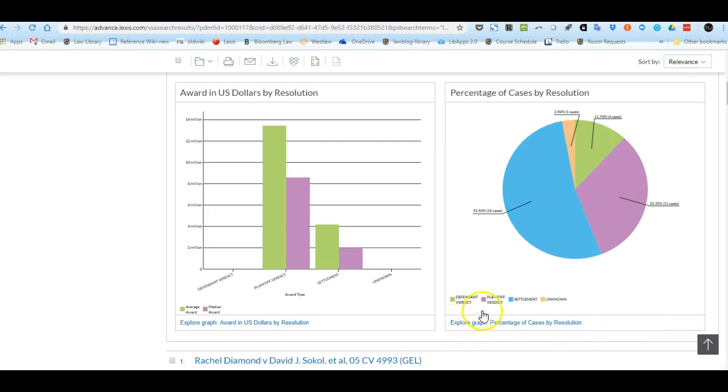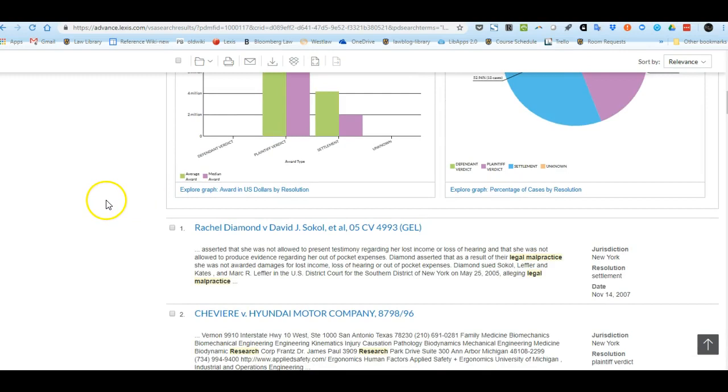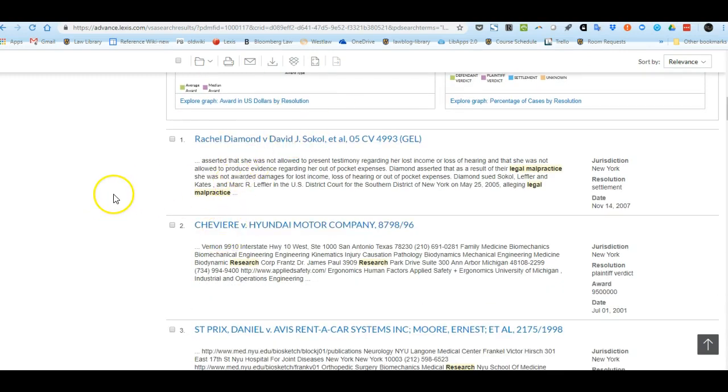So the percentages here, case by resolution. So most cases here were settled in this area. There was a plaintiff verdict. I'm sure you can't read that number. It's 32%. So you get some overall information. And then you get the actual cases with the verdicts themselves.